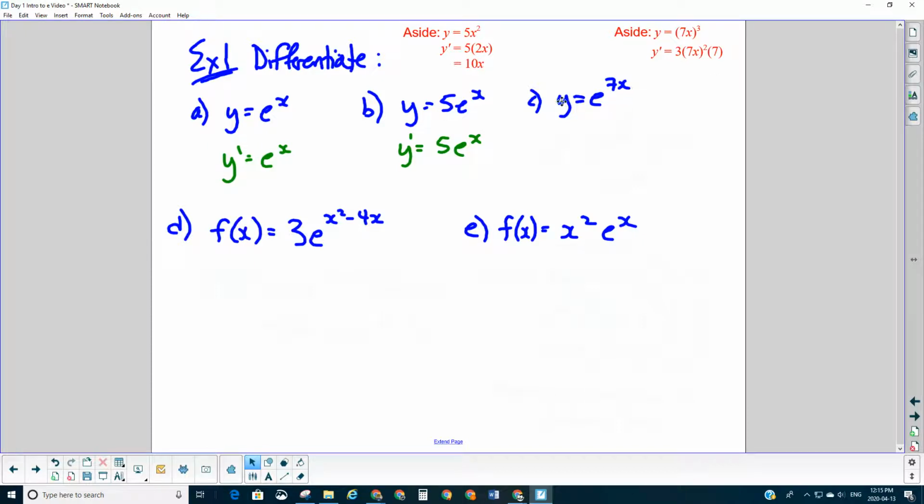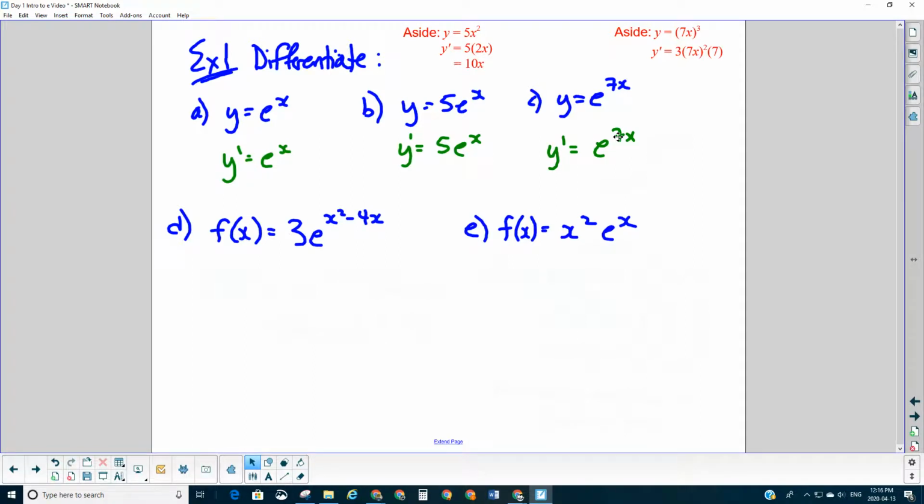So when we're differentiating e to the power of 7x, that same idea stays the same. You pretend the 7x is part of the function, just like the 7x is inside the cubic function here. So you're first going to differentiate e to the something. Well, the derivative of e to the something is e to the something, just like the derivative of e to the x is e to the x. So e to the 7x is e to the 7x.